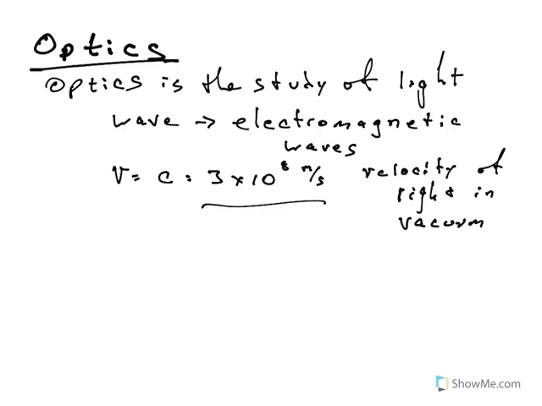No matter what, no matter if you're moving relative to the light, or the light itself, for instance, someone has a flashlight, they turn the flashlight on, you measure how fast it took for the light to get from the flashlight to your eyes, and you know the distance, so you can get the velocity is 3 times 10 to the 8th.